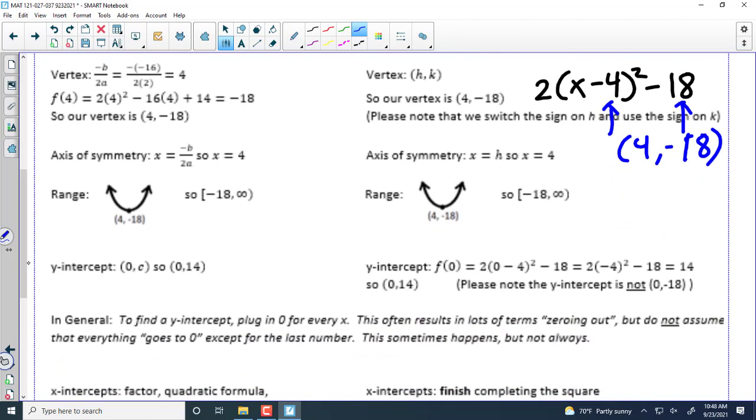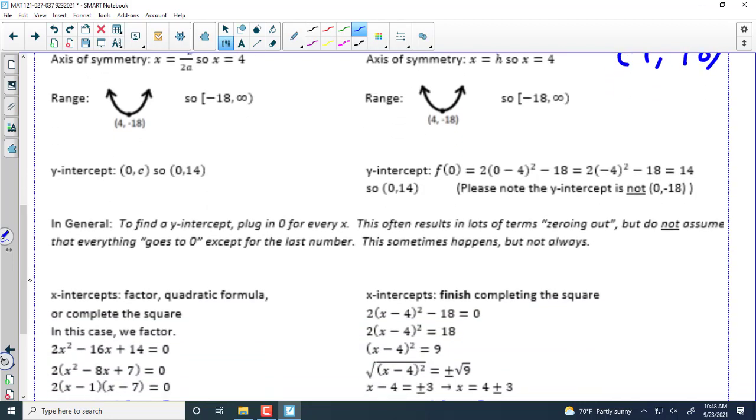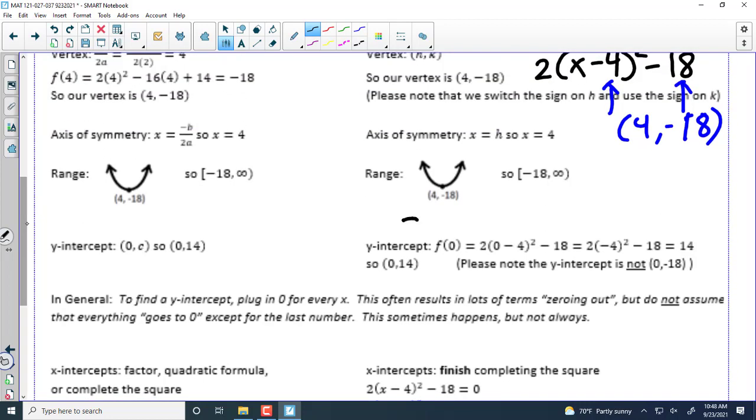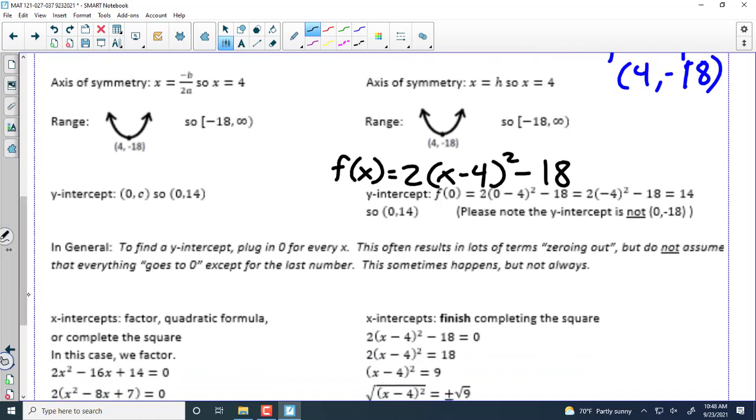How do you find a y-intercept, everyone? In general, how do you find a y-intercept of any function? You plug in 0 and you get the number that comes out. All right, now class, when you plug 0 into this other form, it's not just going to cancel everything except for the negative 18, and that's very, very treacherous.